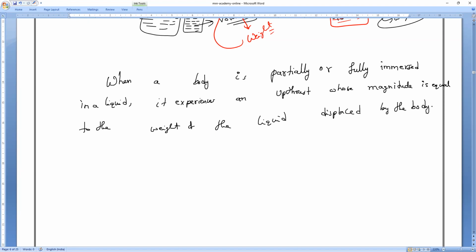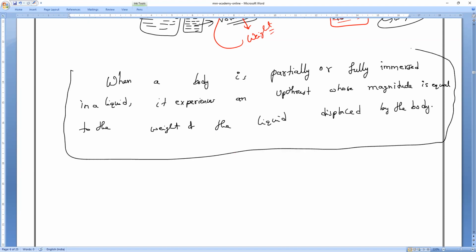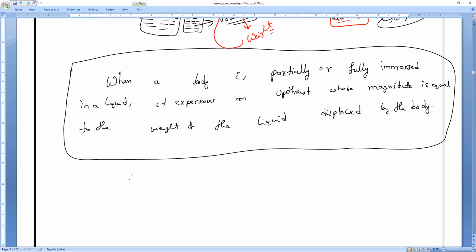So that is what we call Archimedes principle. The most important phenomenon: whatever the weight of the liquid displaced is equal to the upthrust, which is called buoyancy force. So according to the Archimedes principle, upthrust or buoyant force is equal to what, guys?